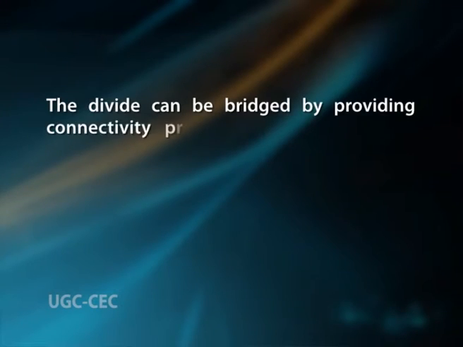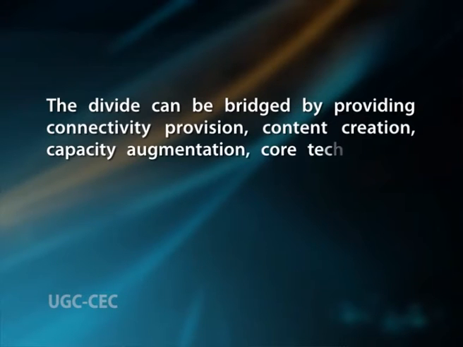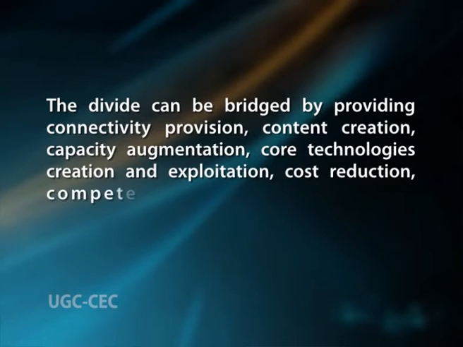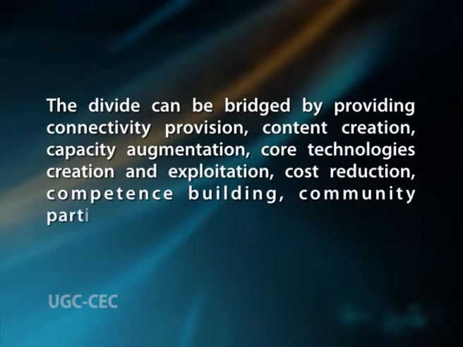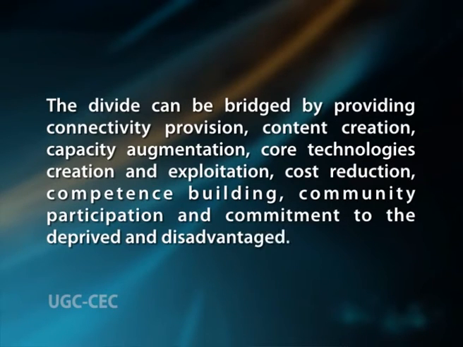The divide can be bridged by providing connectivity provision, content creation, capacity augmentation, core technologies creation and exploitation, cost reduction, competence building, community participation and commitment to the deprived and disadvantaged.